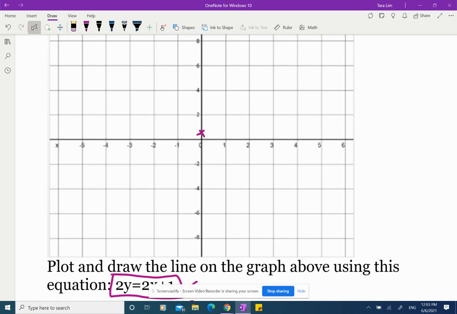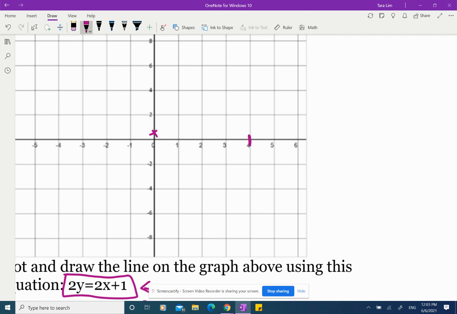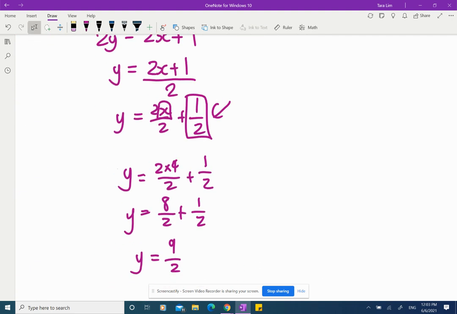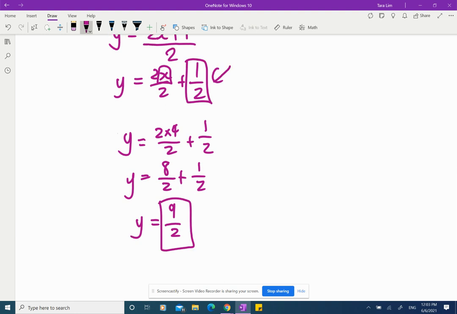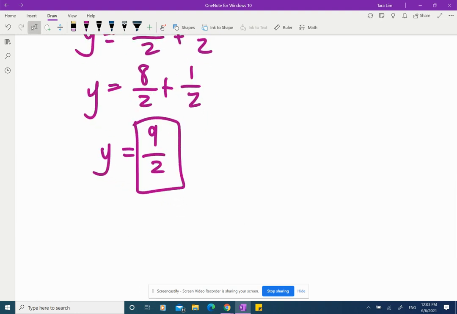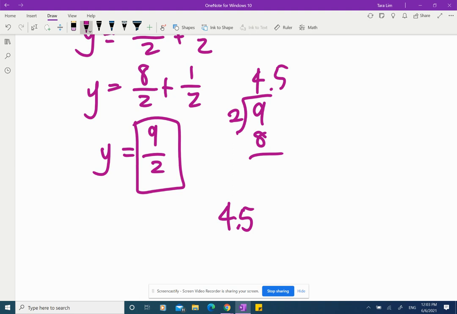So x is 4, let's find 4 on the x-axis. 4 is over here. And if x is 4, then what is y? y is 9 over 2. If we change this fraction into a decimal, it will be easier to plot the line. 9 divided by 2 is 4.5.